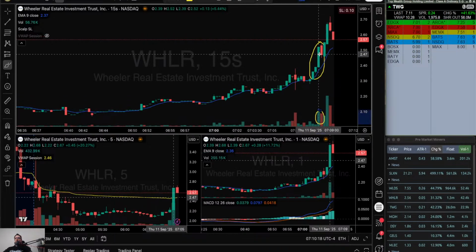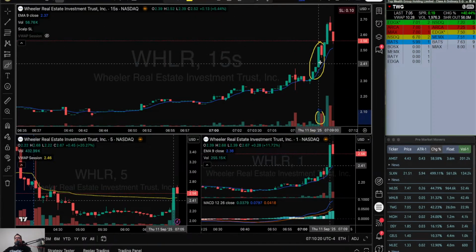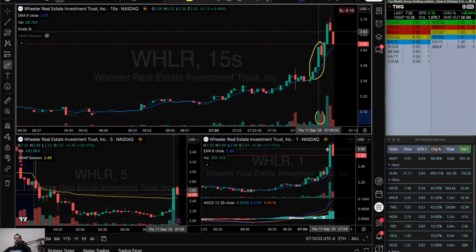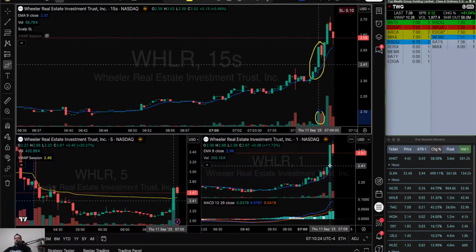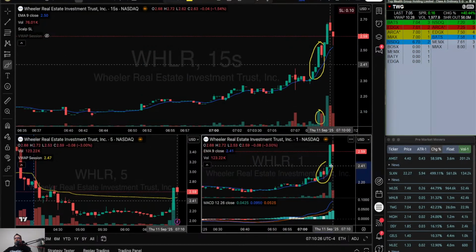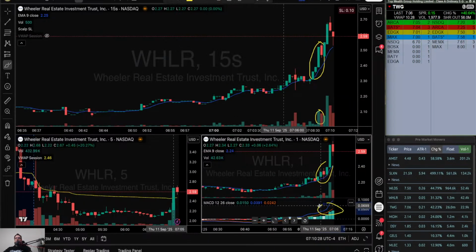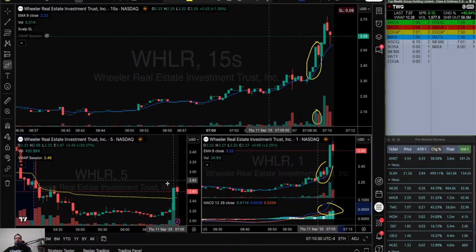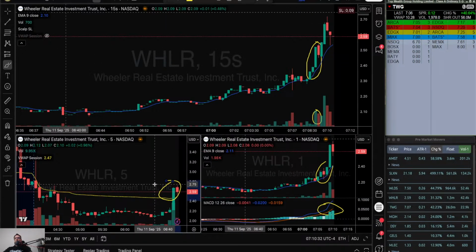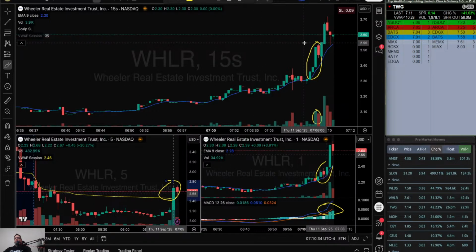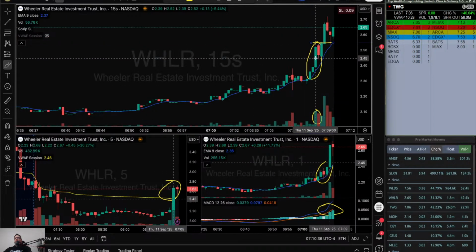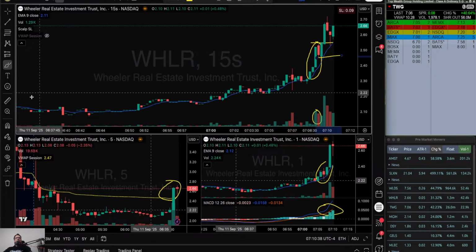That was a little bit lower. But if you really look at this area right here, you're making higher highs and higher lows. The MACD's open. It's above the VWAP on the 5-minute. That's pretty good. So you can get in here and put your stop down here.